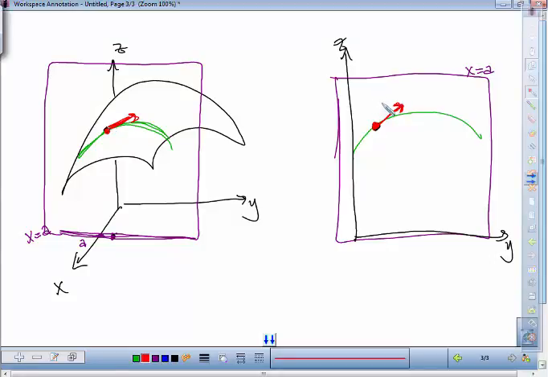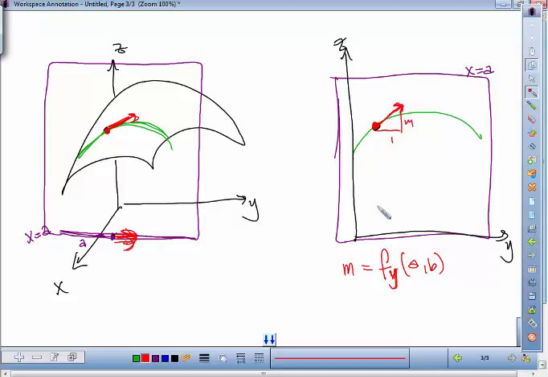And then we'll get the slope again. We'll do the rise over run again. If we make the run equal to 1, your slope is, this time you're moving along the y direction. So f sub y of AB is your m. And then you've got the rise over run.